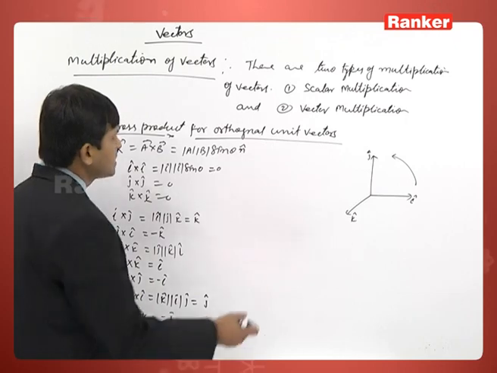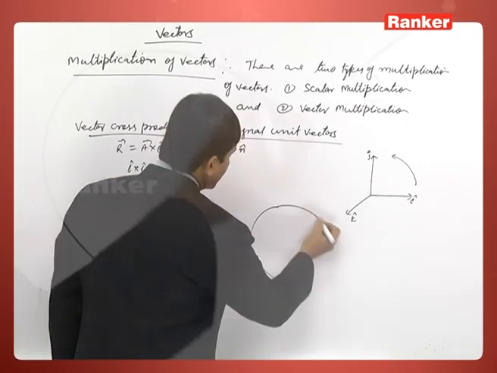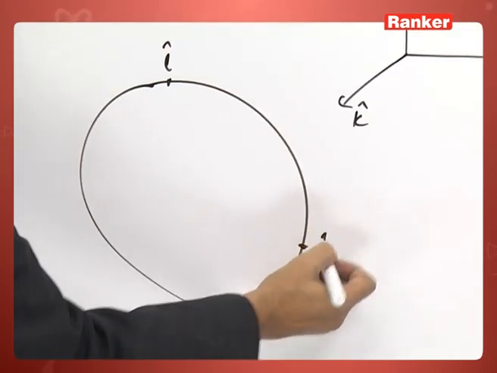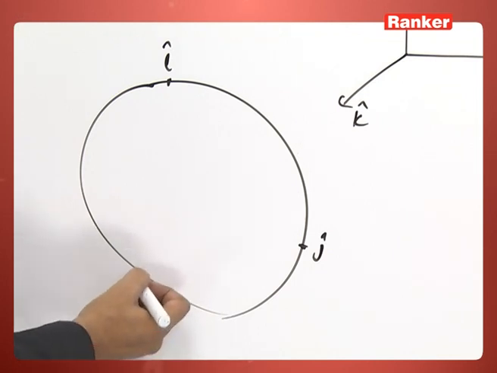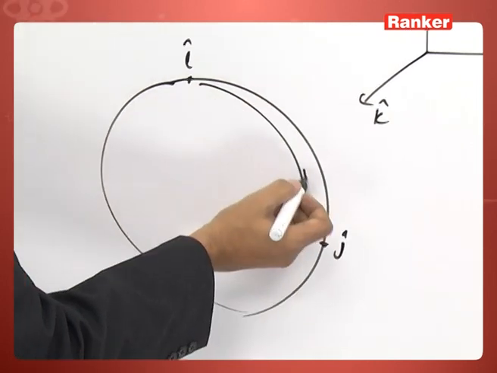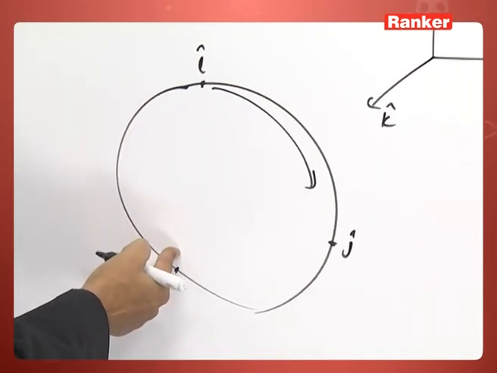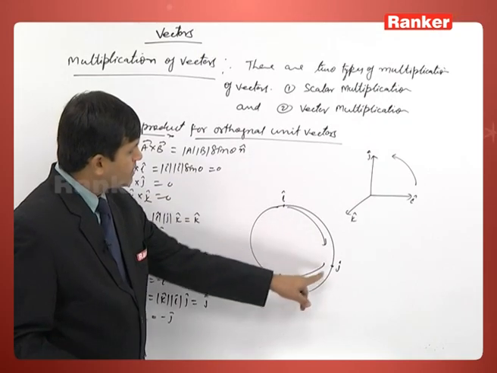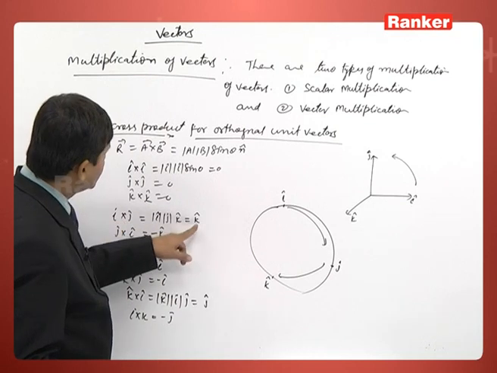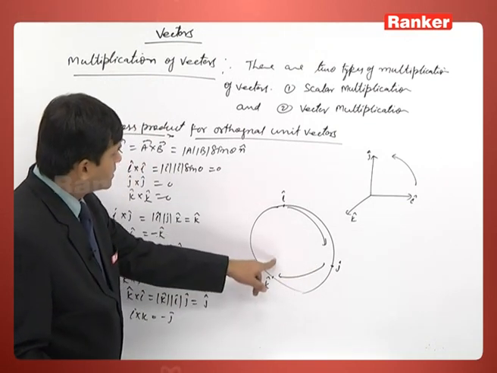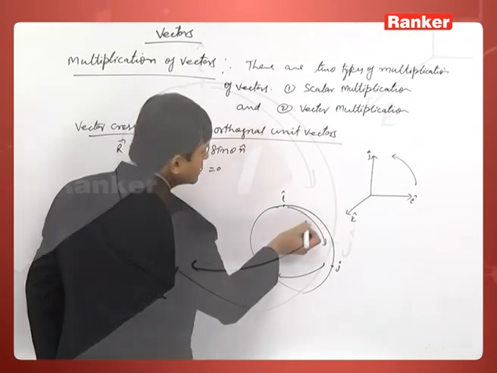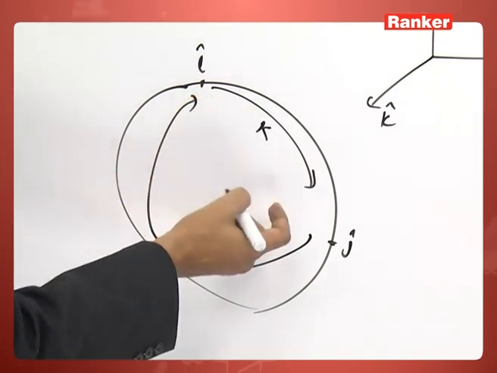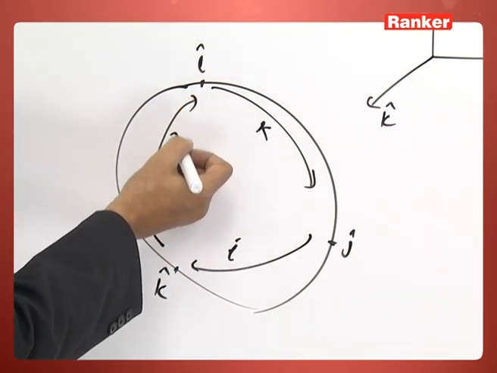For simplicity we can make it like this: let this be i cap, this j cap, this k cap. When we move like this, i cross j becomes k, and j cross k gives i, then k cross i gives j.